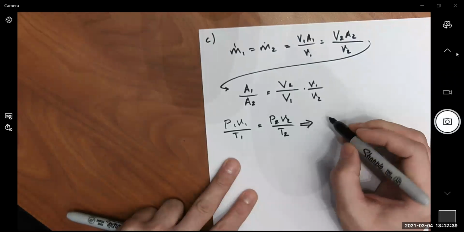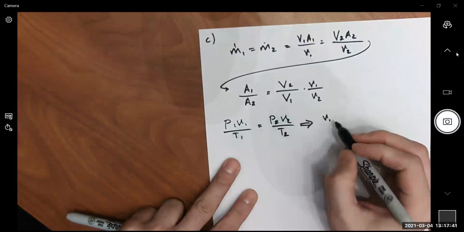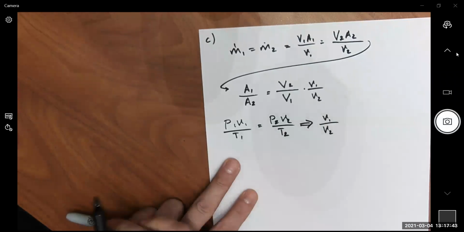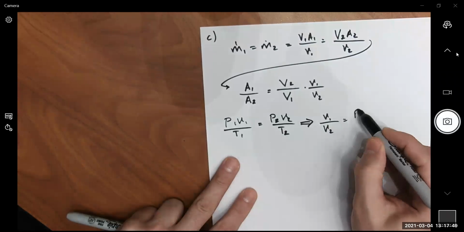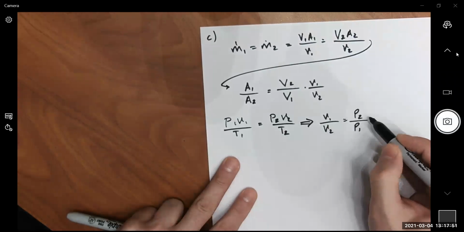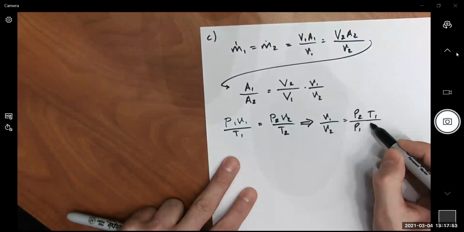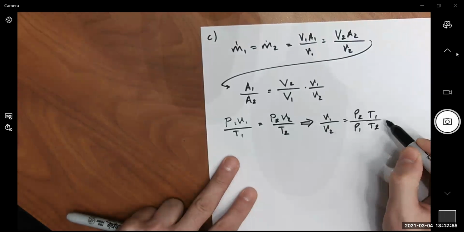From here, V1 over V2, specific volume 1 at the inlet over specific volume 2 at the exit, will be equal to P2 over P1 times T1 over T2.